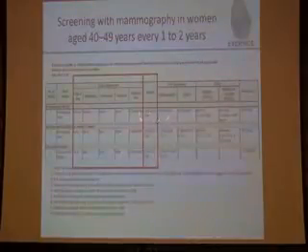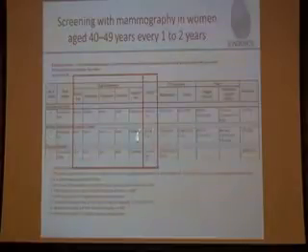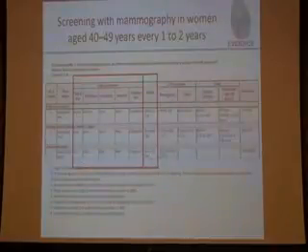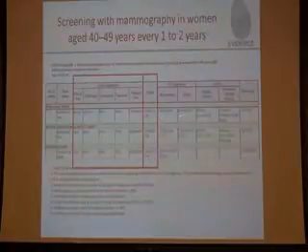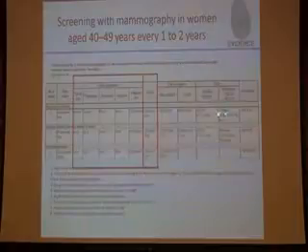You have low quality for breast cancer mortality, high quality for all-cause mortality, and low quality in what we know about the false positives. The balance of these qualities then translates: you have how many subjects did or did not have the screening, and what happened to the treated and untreated, the relative risk reduction, the absolute risk reduction.